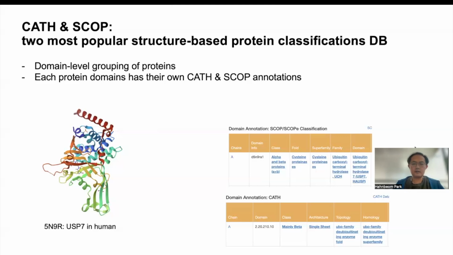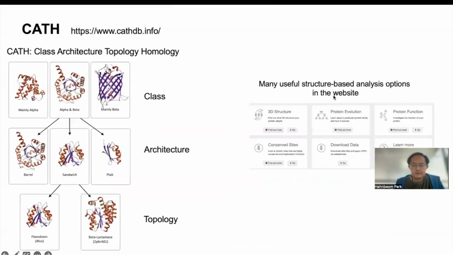We'll look at how CATH and SCOP definitions are made in the following slides. First, CATH. What CATH stands for is how the data structure is organized. It stands for class, architecture, topology, and homology.